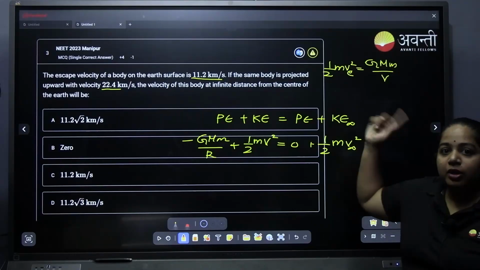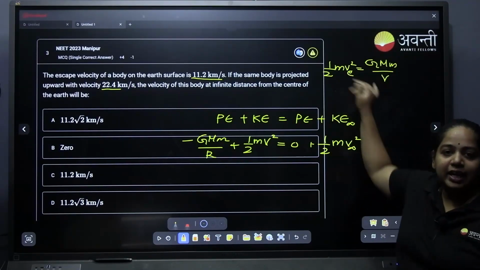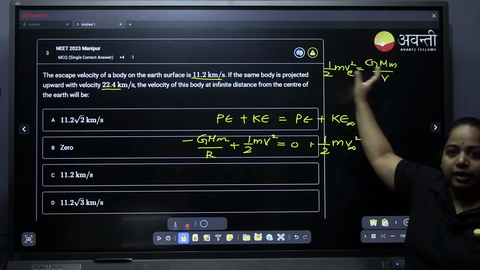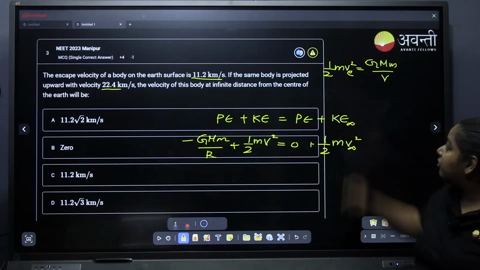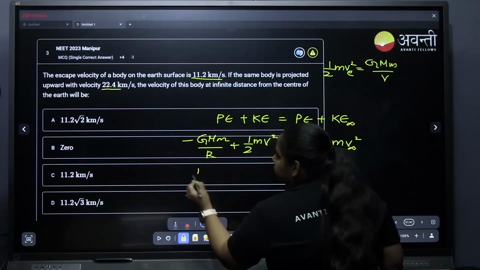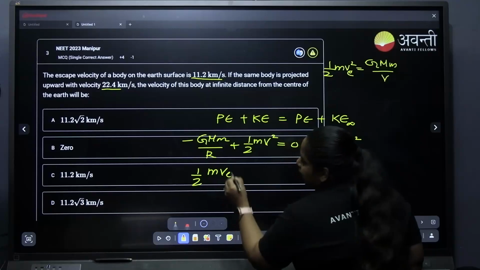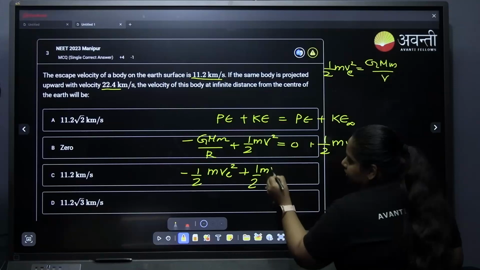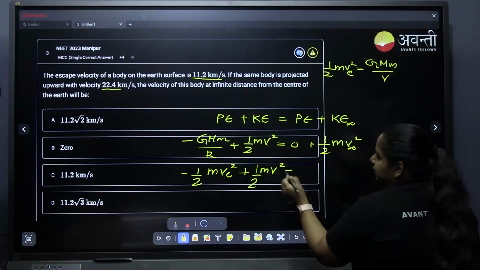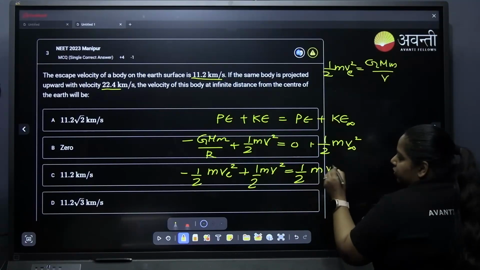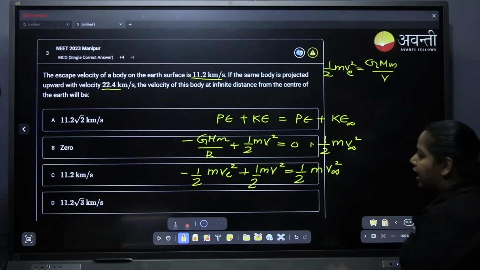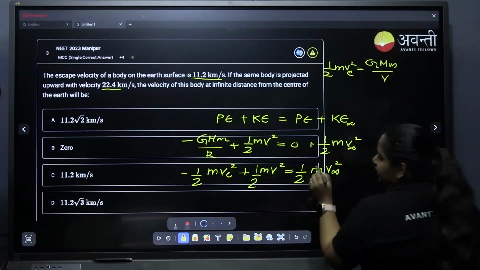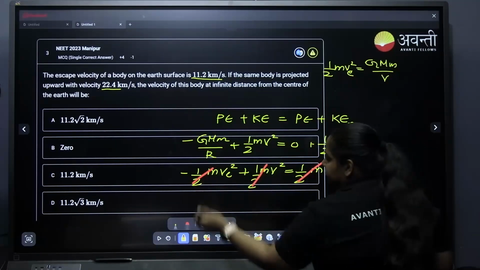Can we write that? Because escape velocity we are deriving like this, right? So I can substitute GMm by R as half m v e square. So half m escape velocity square plus half m whatever velocity is given square is equal to half m v infinity square. Half m is common everywhere, so we can cancel this out.